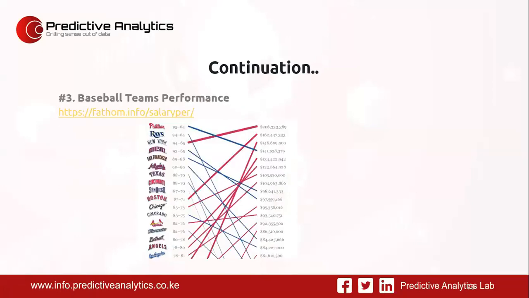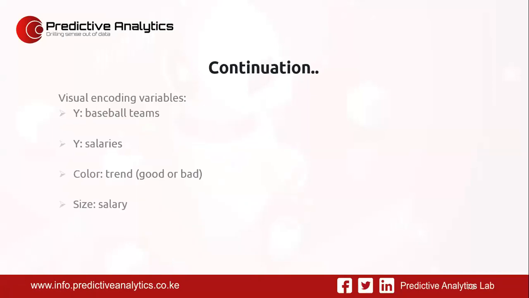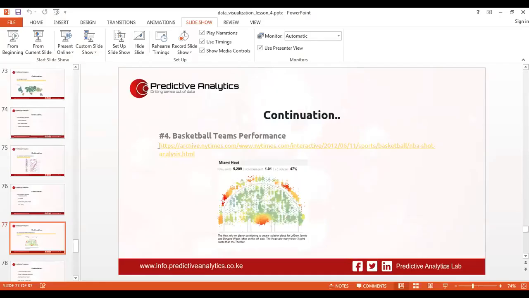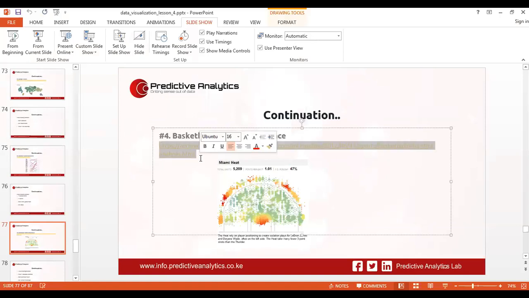So that's example number 3. Another example is a basketball team's performance. Perhaps it's a good idea to leave the visualizations open so that you can refer to them later on after the lesson. So number 4, we have basketball team's performance.